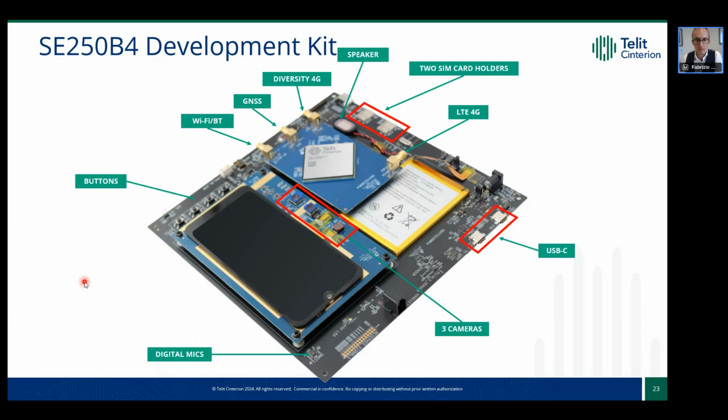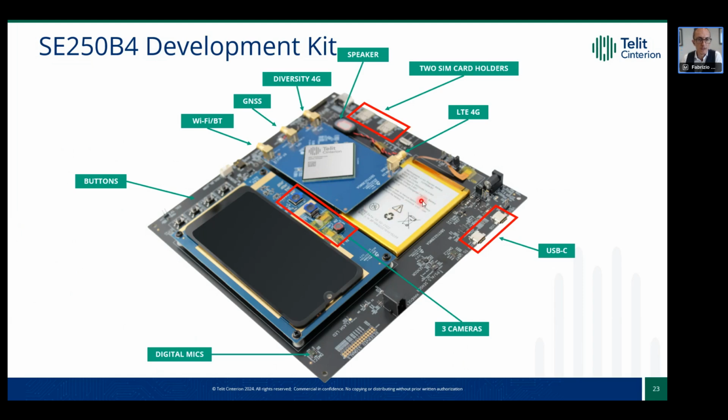Here you can see some more details. As I said, this is a touch screen, so here it's basically a smartphone. This is the module with the modem inside and the CPU and so on. You can see, for example, a battery.